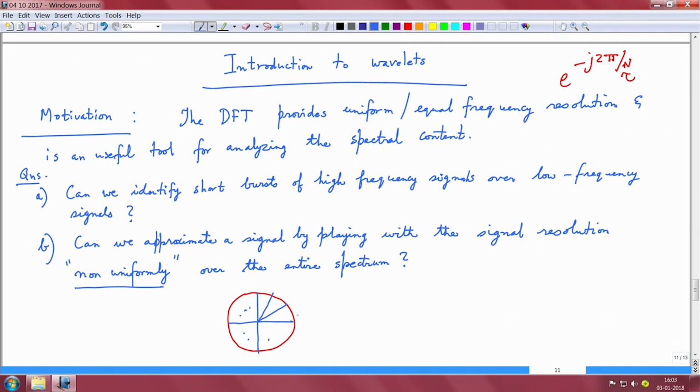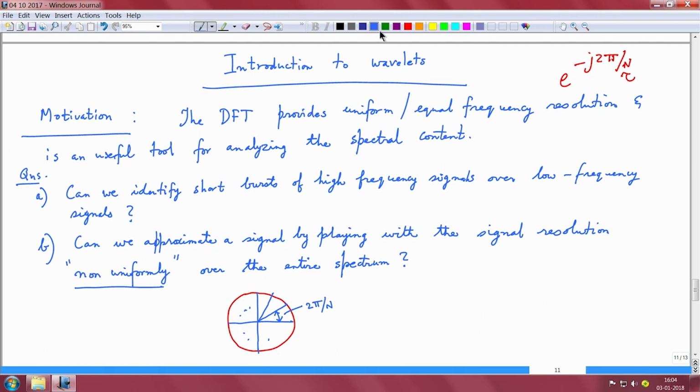That means the resolution is basically 2 pi upon n here, right. If this is whole 2 pi, then 2 pi upon n is this cone. So it places uniform emphasis for the frequency components, and if n is really large, basically you can resolve to that frequency, but the resolution is the same across all the frequencies.